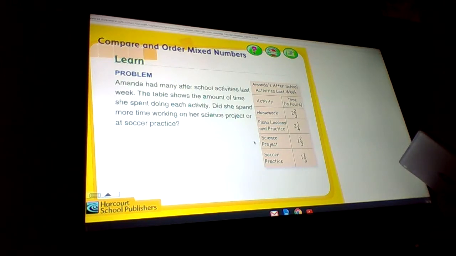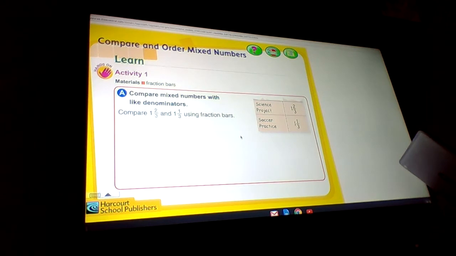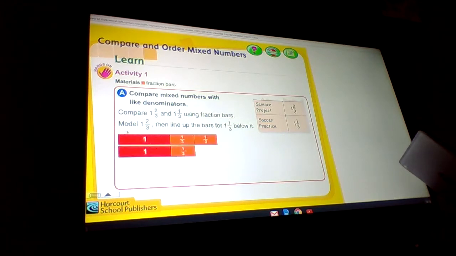This one's pretty easy for us to compare. Look at the fraction bars they're going to give us. We have 1 2/3, 1 1/3.